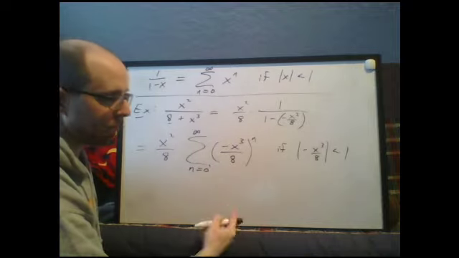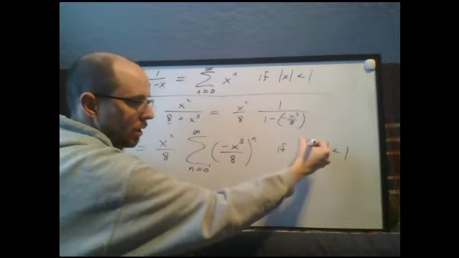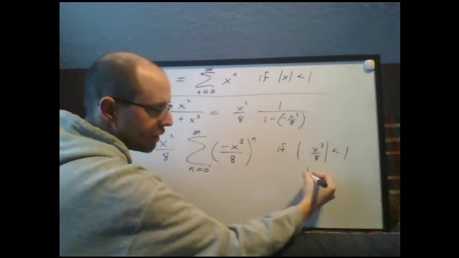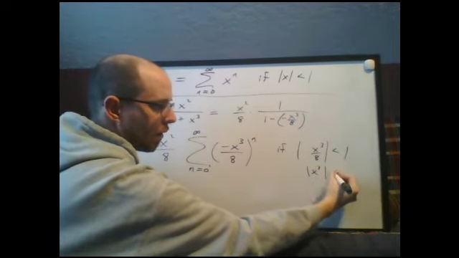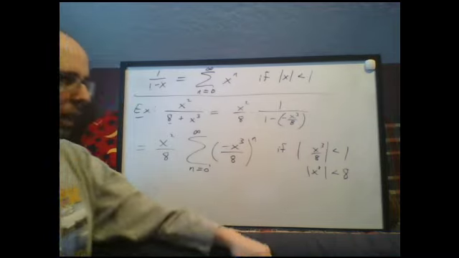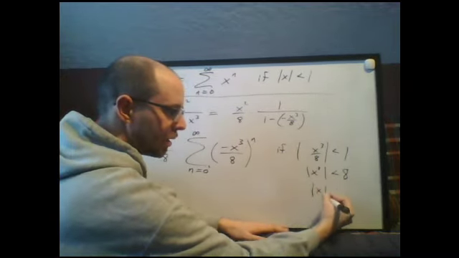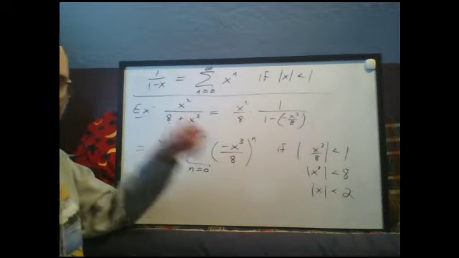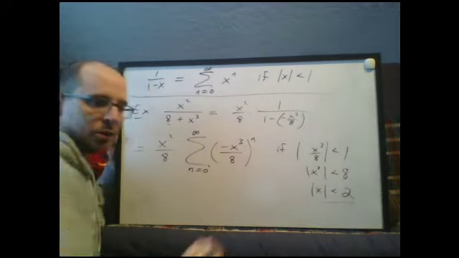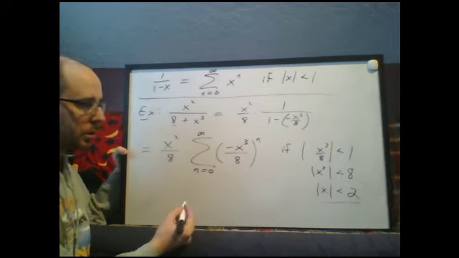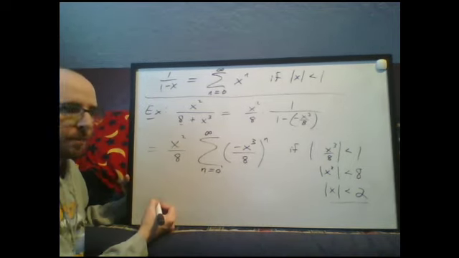Absolute value is going to get rid of the minus sign, so I can ignore it. If I multiply both sides by 8, I get absolute value of x cubed is less than 8. If I take the cube root, I get absolute value x is less than 2. So there's my new radius of convergence for this power series.